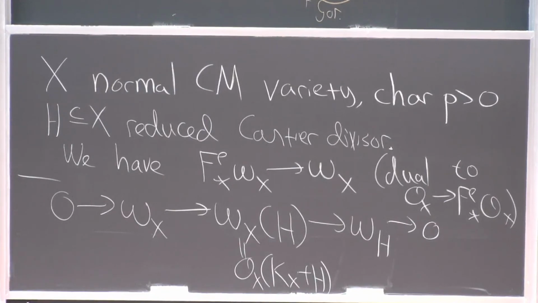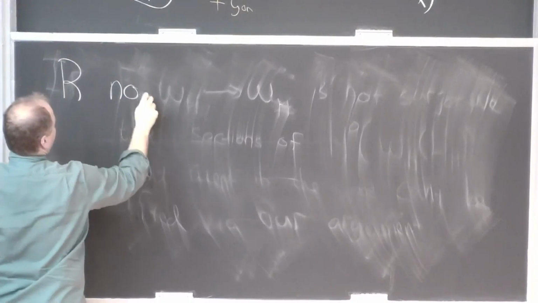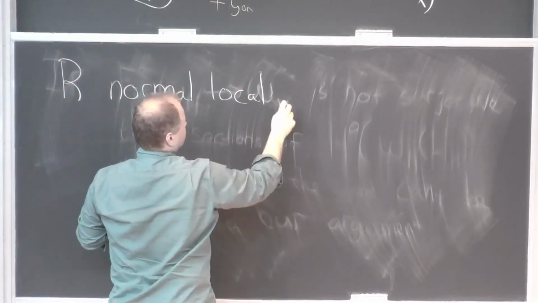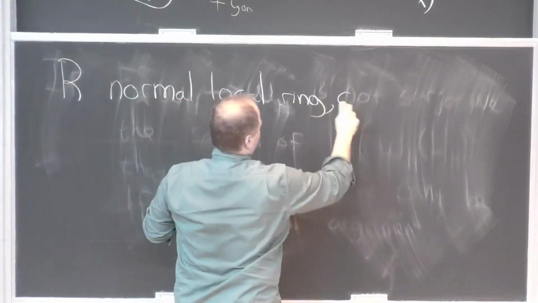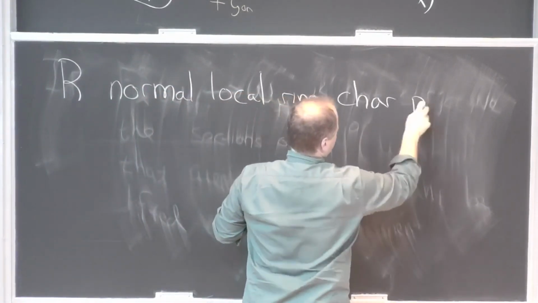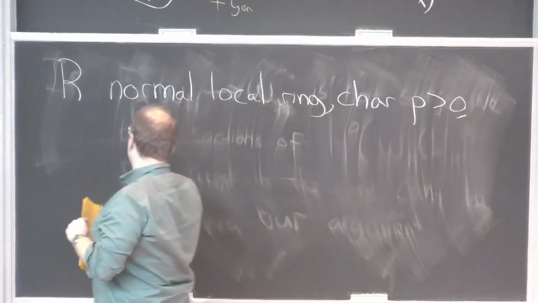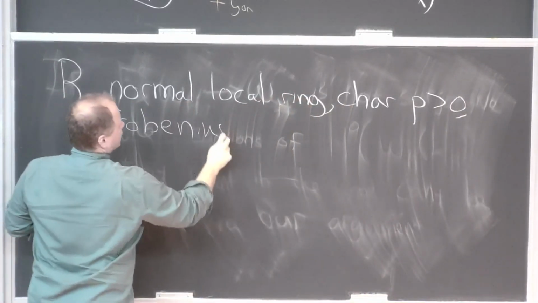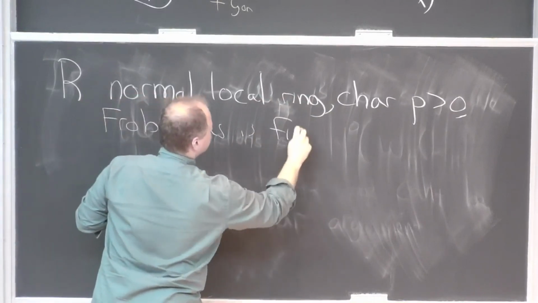So, let's say R is a normal local ring of characteristic p, and I'm going to assume that Frobenius is finite.